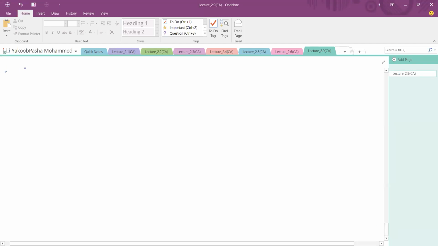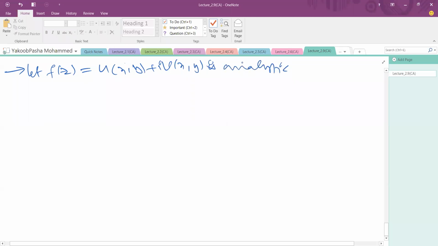Let f of z is equal to u of x comma y plus i v of x comma y be an analytic function. Then, if and only if, the condition is necessary and sufficient, v is harmonic conjugate of u.